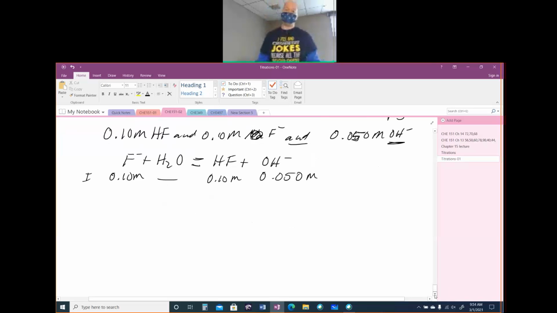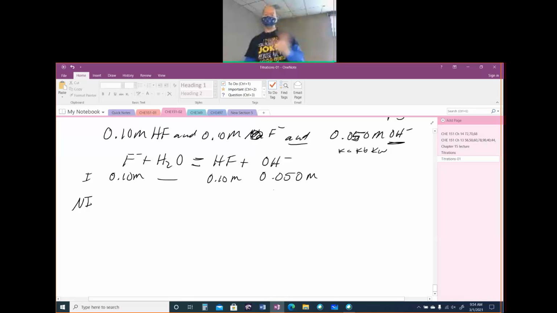Anytime you do not have at least 1 0 on the right, you go to a new initial. If you're writing the three reactions, the Ka, the Kb, the Kw, something on the right or both things on the right have to be 0. If they're not, you have to do a new initial.